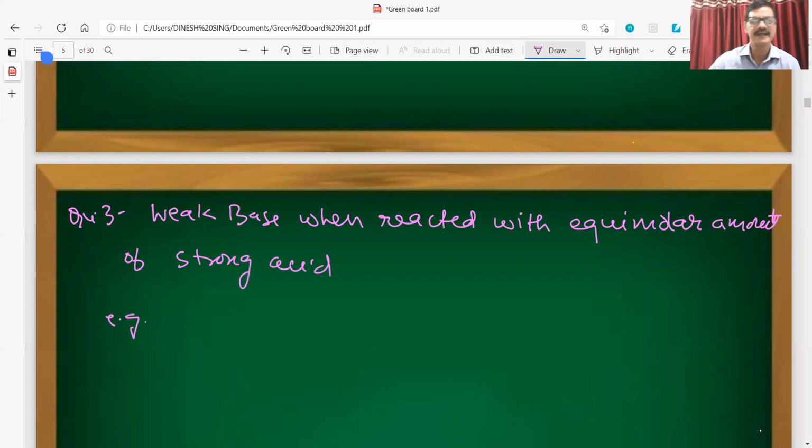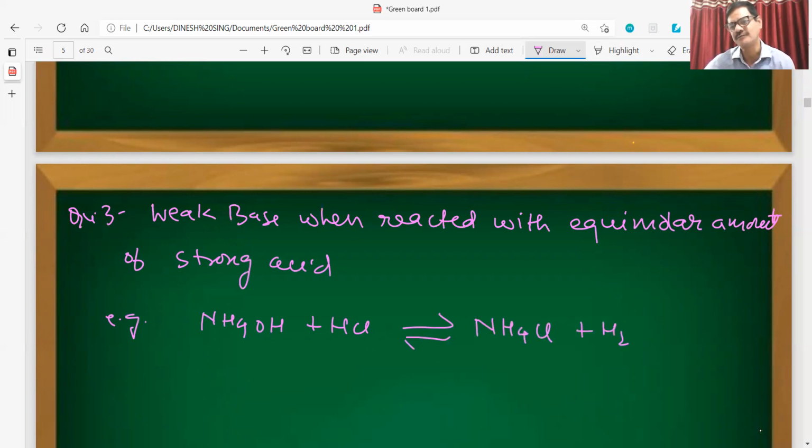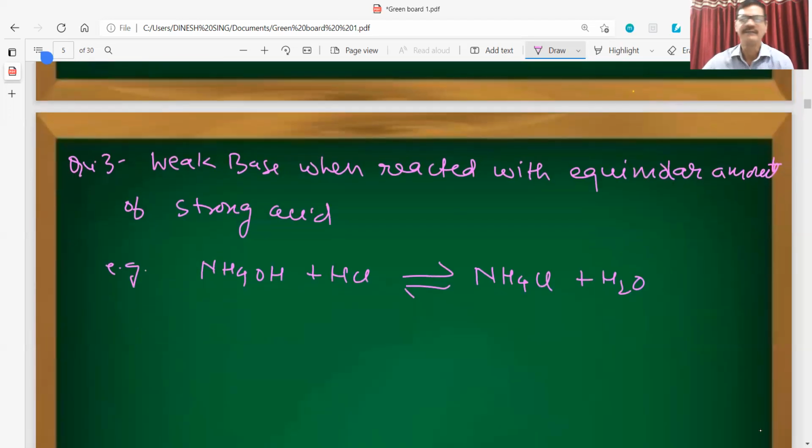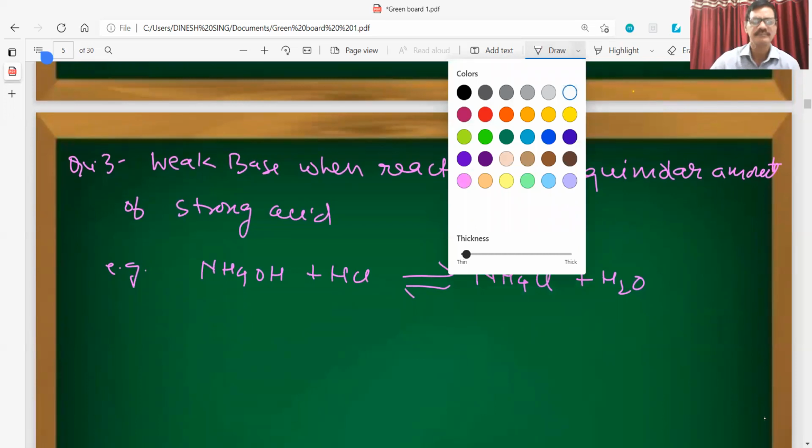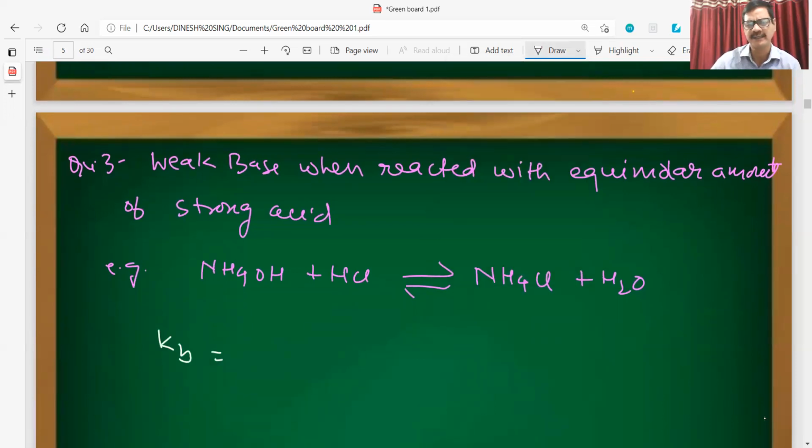For example, we are reacting ammonia, NH4OH, with HCl. So here equilibrium will establish. We will get NH4Cl plus H2O. Given Kb for ammonia is the same, whatever the value of K for acetic acid, that is 1.8 into 10 power minus 5.